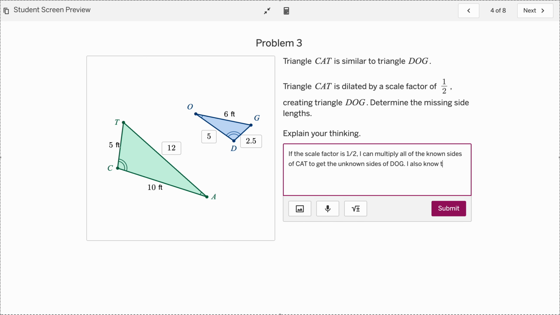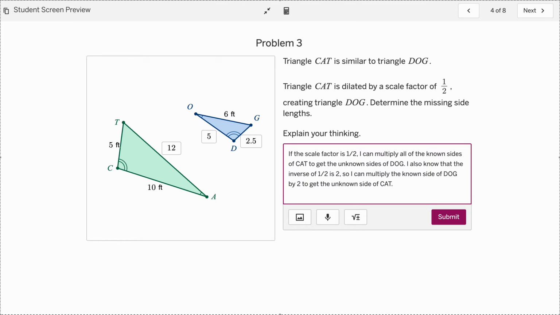I also know that the inverse of 1/2 is 2, so I can multiply the known side of DOG by 2 to get the unknown side of CAT.